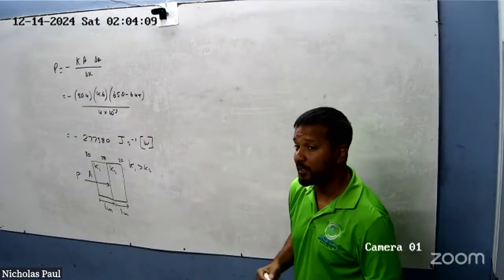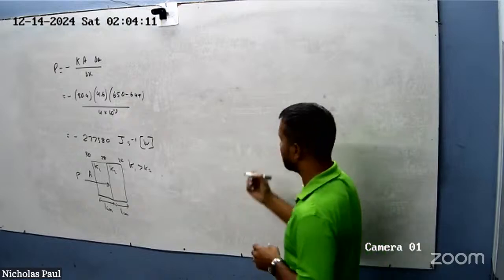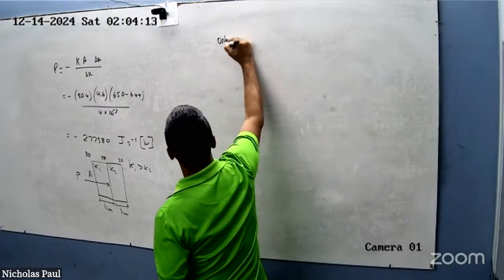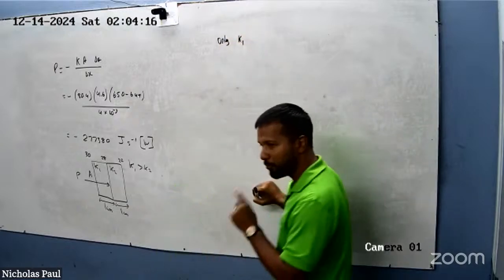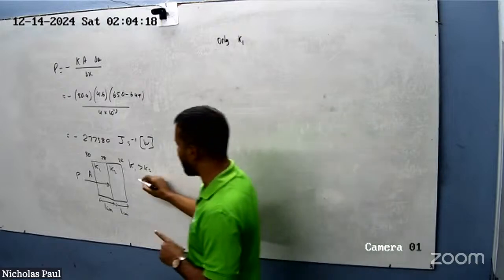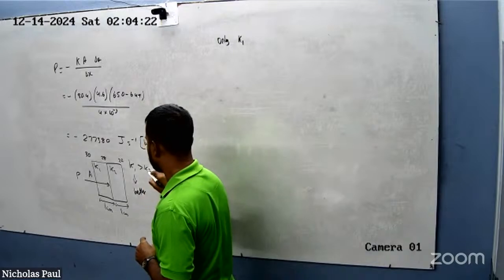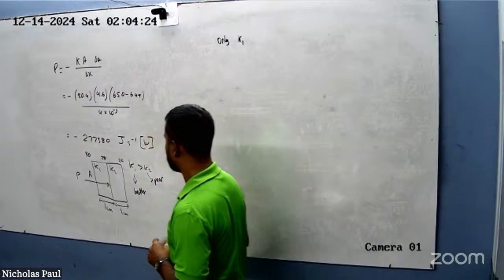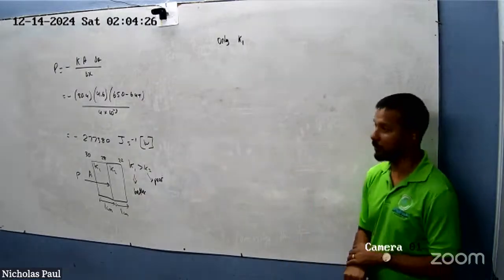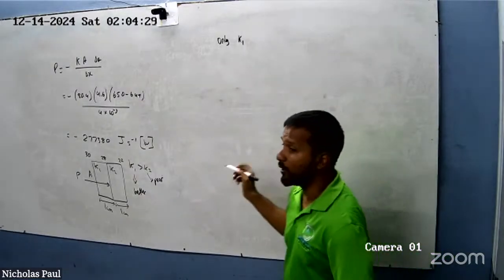So I want to get only K1. Remember, K1 is the better conductor, right? So I want to get K1 only.